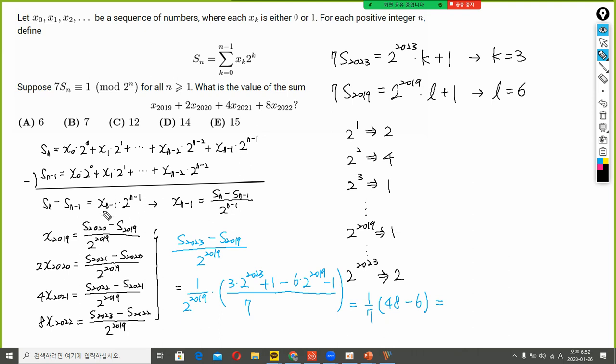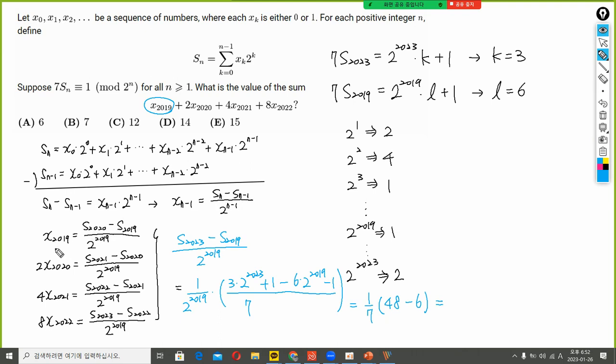So that means x_(n-1) is equal to the difference between S_n and S_(n-1) divided by 2 to the (n-1) power. So I'm expressing this one in terms of the difference between S_n and S_(n-1).